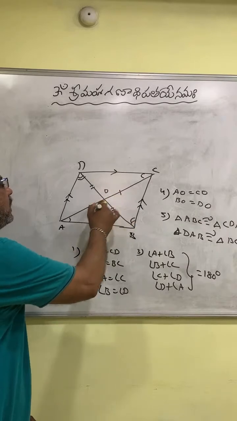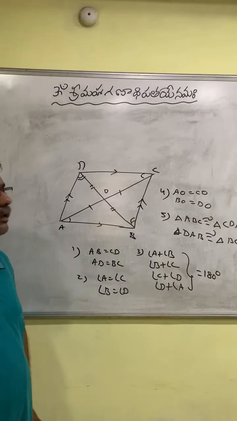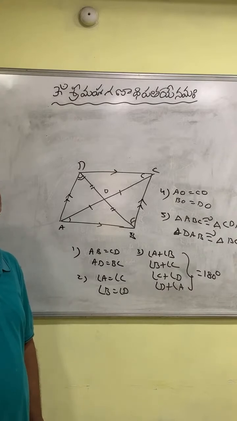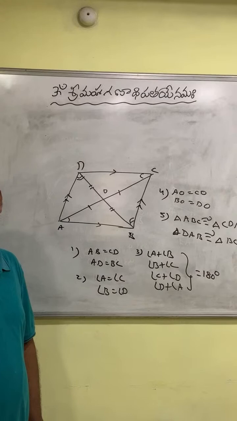These two parts equal, these two parts equal. And the fifth one, very important one, each diagonal divides the parallelogram into two congruent triangles. Okay na? So these are the 5 important properties. Kindly note it down of a parallelogram.